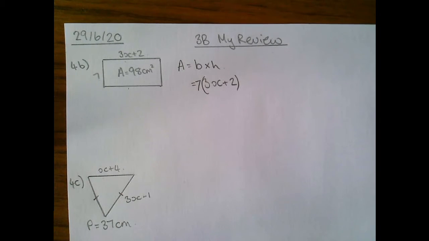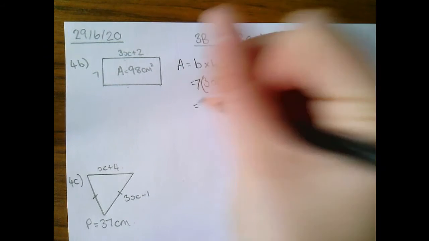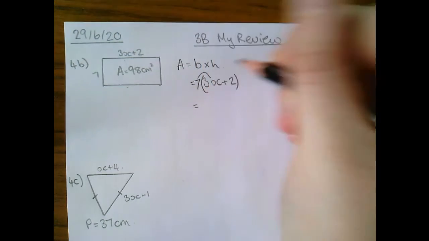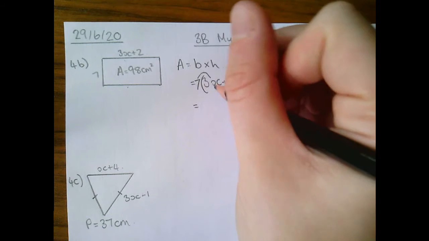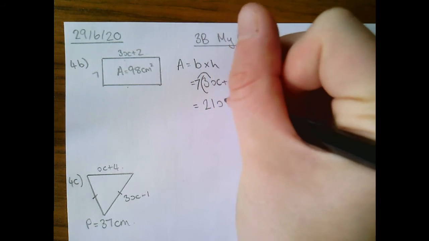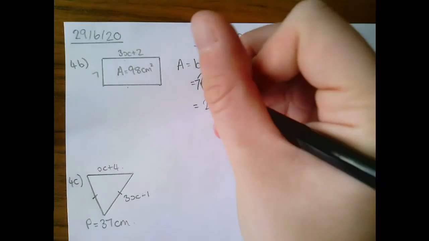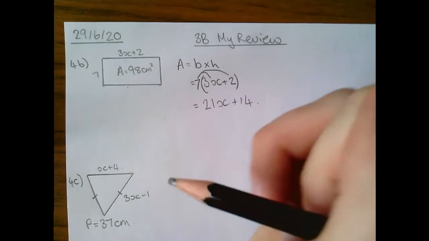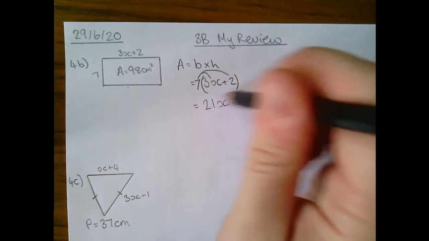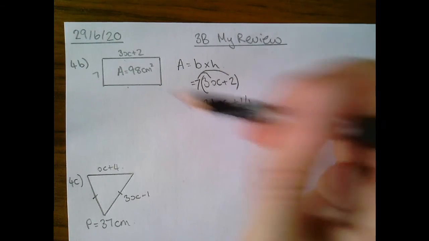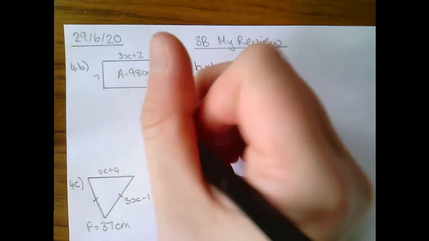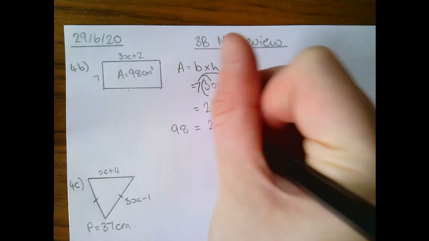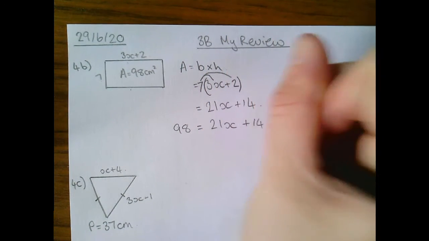We then have an equation involving brackets, so we expand them. 7 times 3x is 21x, and 7 times 2 is 14. We know our area is 98, so 98 is equal to 21x plus 14.